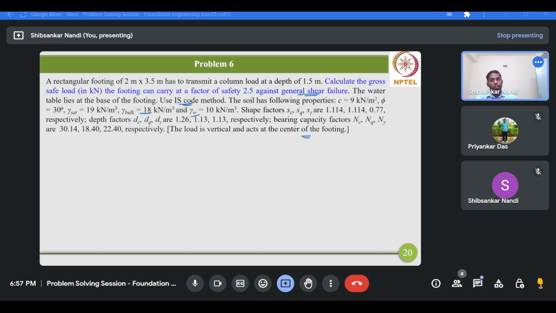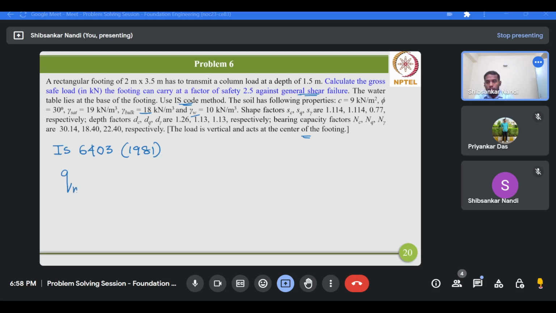Okay, that means there is no eccentricity, and again there is no inclination of the applied load. Okay, so first of all, the bearing capacity equation as per IS code 6403 1981.